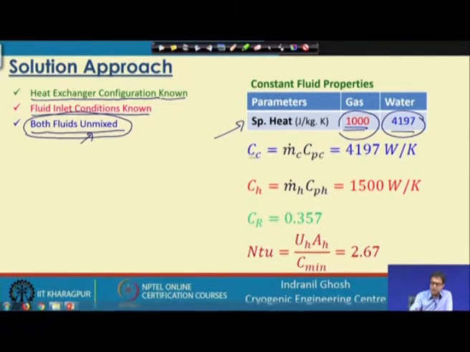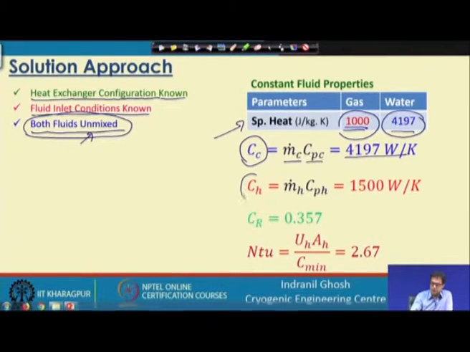So, accordingly we can find out the cold fluid heat capacity. That is the mass flow rate of the cold fluid times the specific heat of the cold fluid. So, this is 4197 multiplied by 1 kg per second. So, that will come out to be 4197.